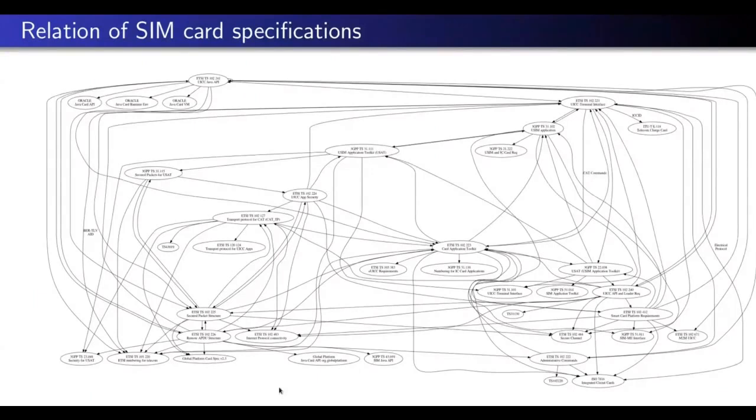I always find that quite enlightening to understand how convoluted this SIM card world is. Basically, it includes the ISO, the ITU, ETSI, 3GPP, Global Platform, and a couple of other standards bodies. And all of this together then forms what SIM cards really are.